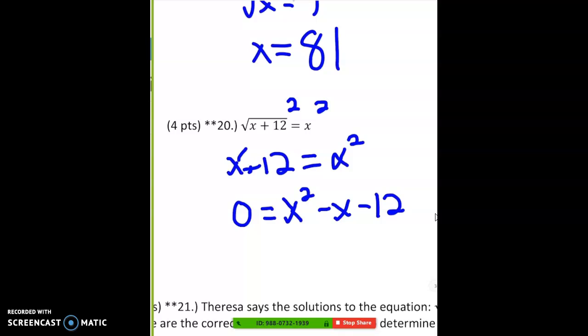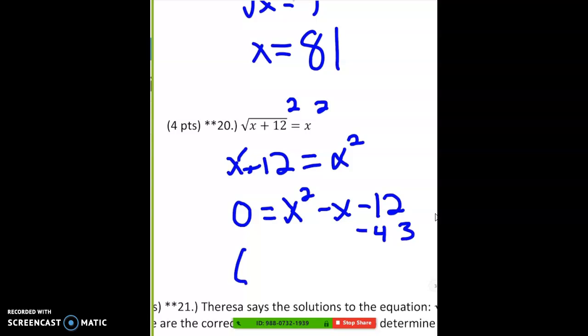All right, now I have to factor this side. So factoring, remember, what multiplies to the last number adds to the middle. For negative 12, in this case, it's multiplying to a negative, so one of my numbers has to be positive and one has to be negative. And because it's a negative sign in the middle, it tells me the bigger of my 2 numbers is negative. So negative 4 times 3 will give me negative 12, and if you subtract those, you do get negative 1.